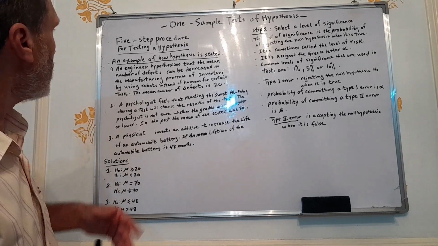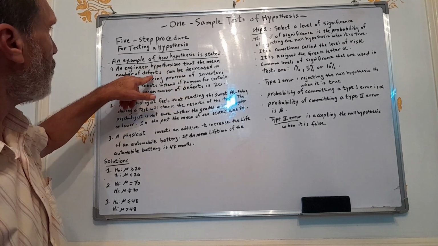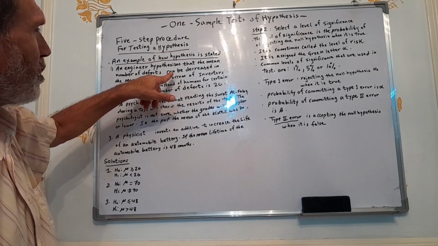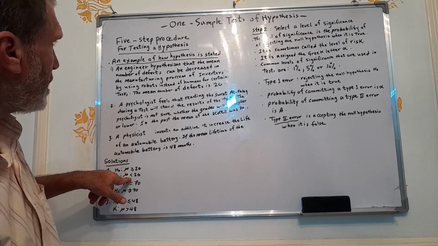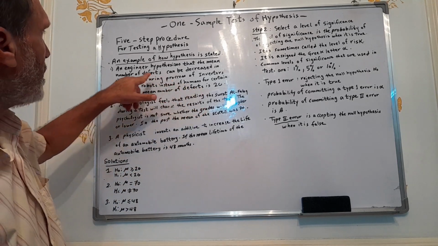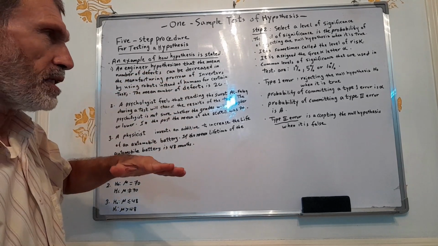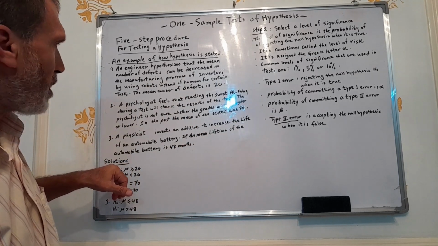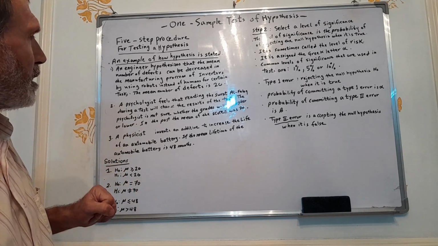As you can see here, the engineer hypothesizes that the mean number of defects can be decreased. So the alternate hypothesis is that the mean is less than 20, because the mean number of defects is 20, and he is hypothesizing that it can be decreased. That means it's less than. Okay, so the null hypothesis is going to be the mean, or the mu, is greater than or equal to 20.